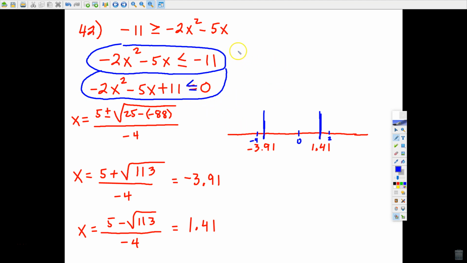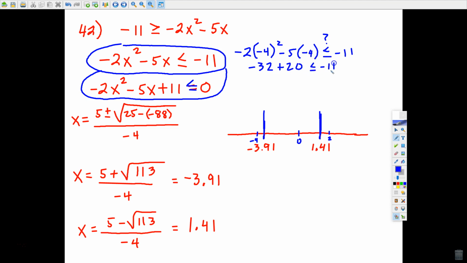So let's test negative 4. Negative 2 times negative 4 squared minus 5 times negative 4. Is that less than or equal to negative 11? Let's see. Negative 4 squared is 16. 16 times negative 2 is negative 32. Negative 5 times negative 4 is positive 20.